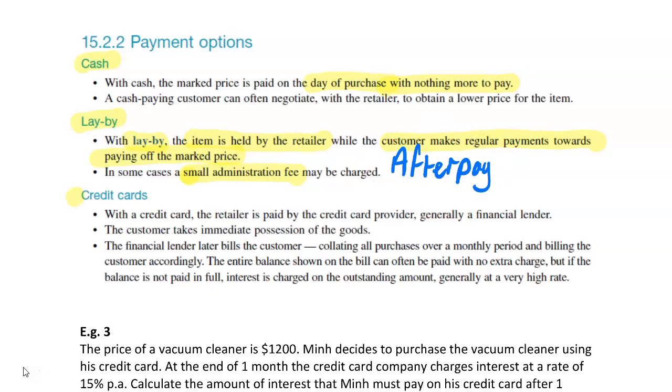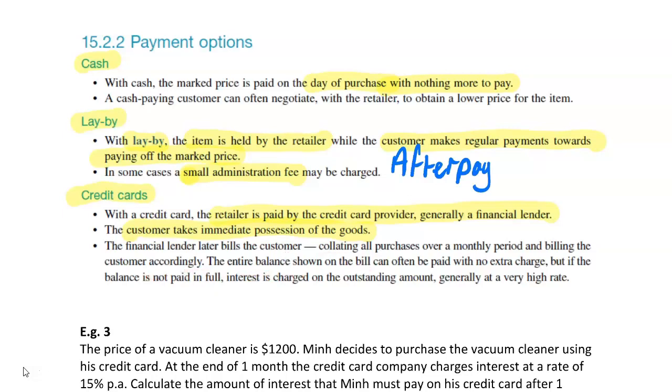Speaking of credit cards, okay, so with a credit card, the retailer, the person selling, gets paid by Visa or MasterCard, whoever that credit card company is. Then the customer takes those goods, and then that customer has to pay back the credit card company.